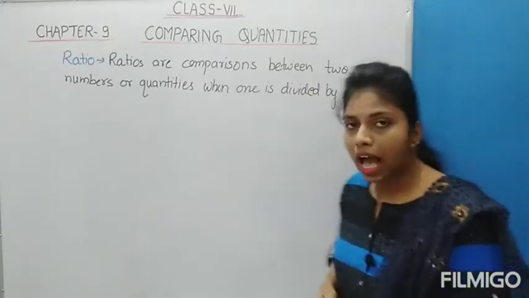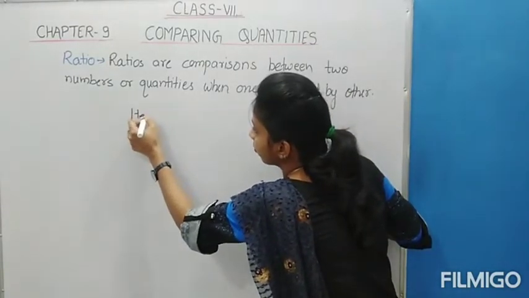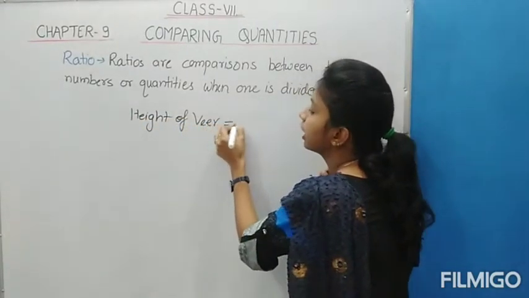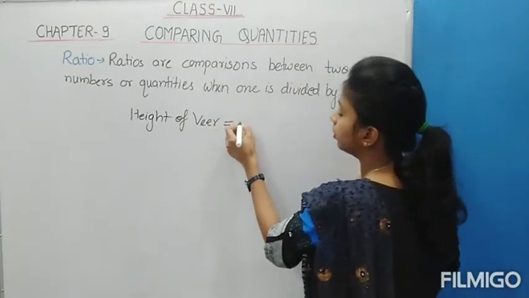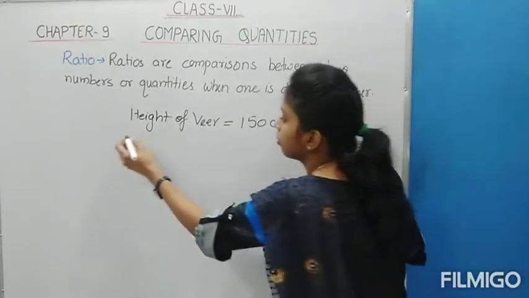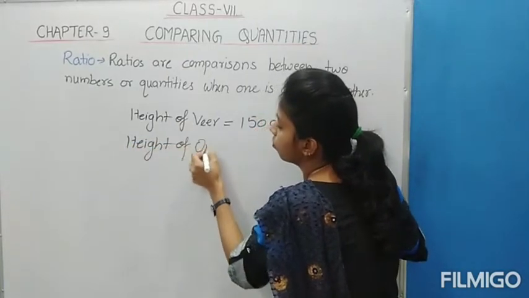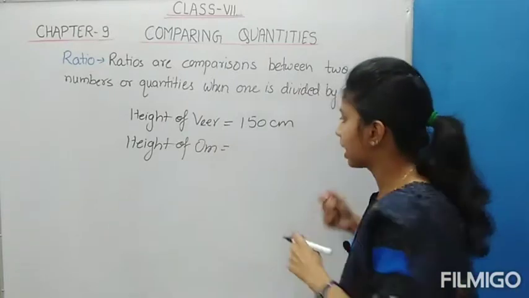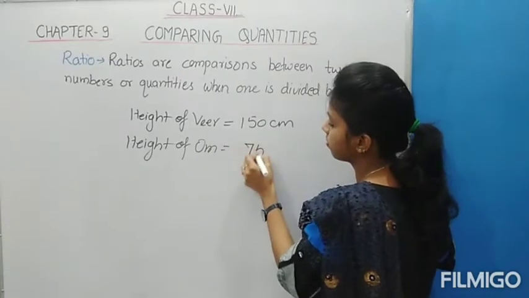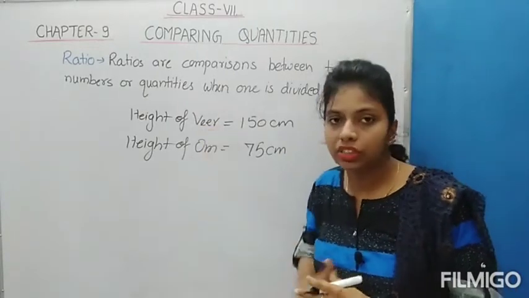Suppose I'm taking the height of a boy named Veer, which is given as 150 centimeter, and there is another boy, Om, whose height is given as 75 centimeter. Now how can we compare the heights of these two boys?